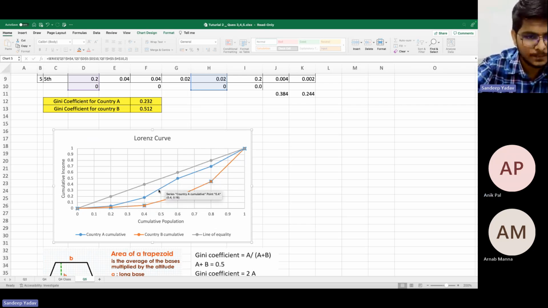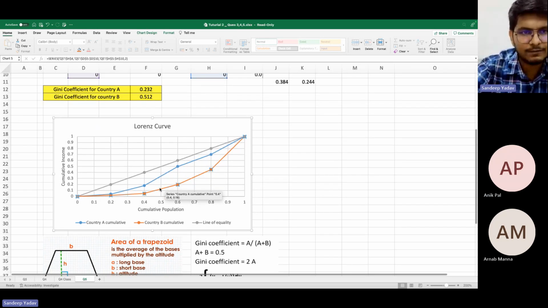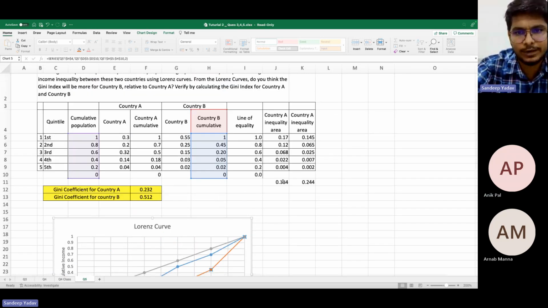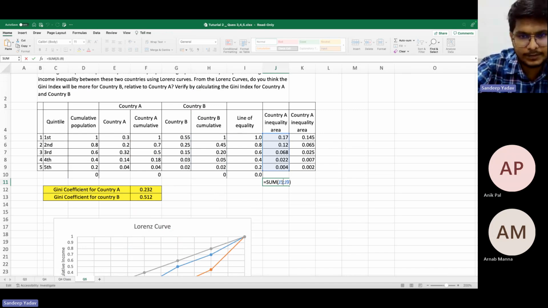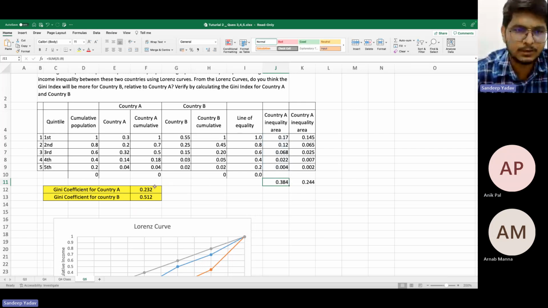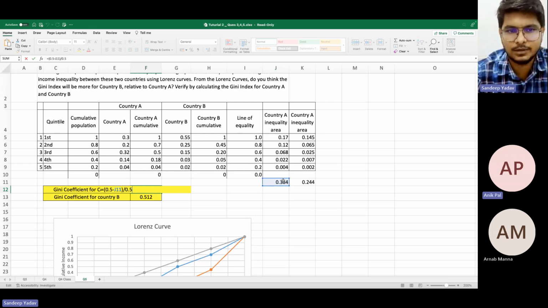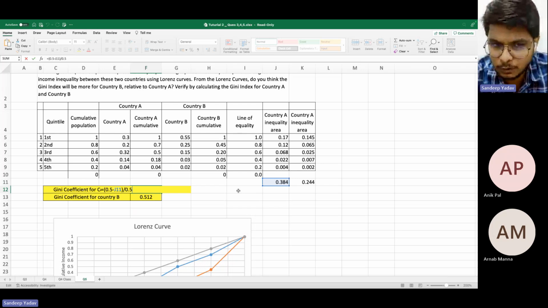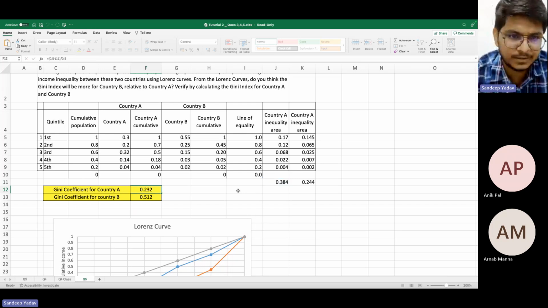In a similar way, if you want to calculate the Gini coefficient, we already calculated the area under the Lorenz curve. So we can calculate 0.5 minus that area, which gives 0.384. So we have calculated it in a different manner this way.